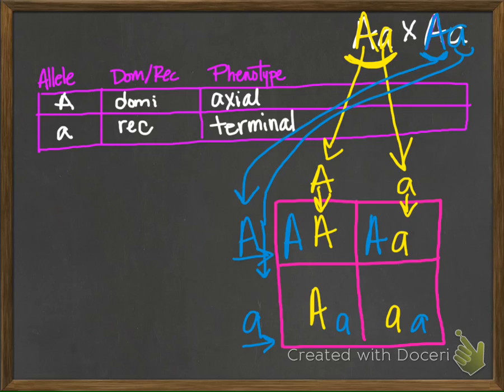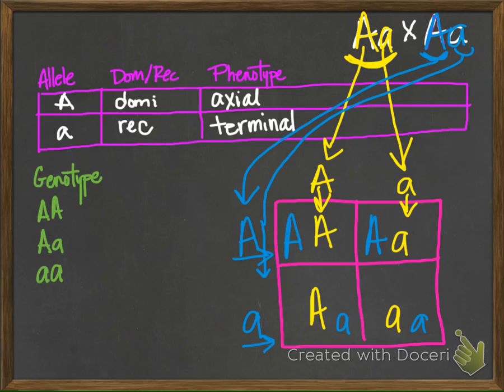Now sometimes it'll ask you about a phenotypic or genotypic ratio. So we need to know the difference between those. Genotype is going to be the letters. So you can either have homozygous dominant, heterozygous, or homozygous recessive.